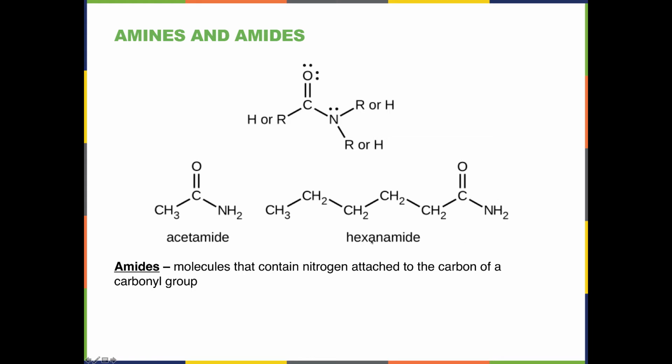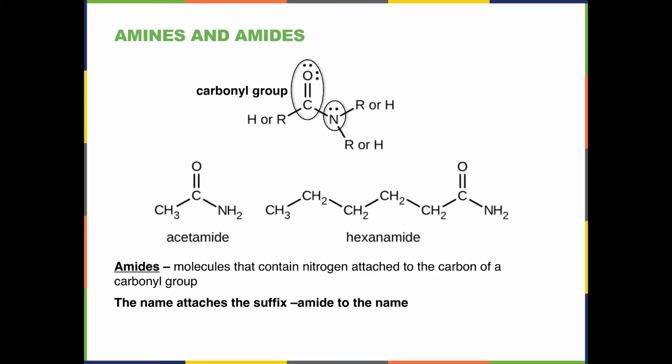So you have hexanamide. Hex being because it's a 6-carbon chain, and amide because it has a C double bond O NH2 on the end. So it has a carbonyl group and a nitrogen. And the name attached to the end of this would be amide.